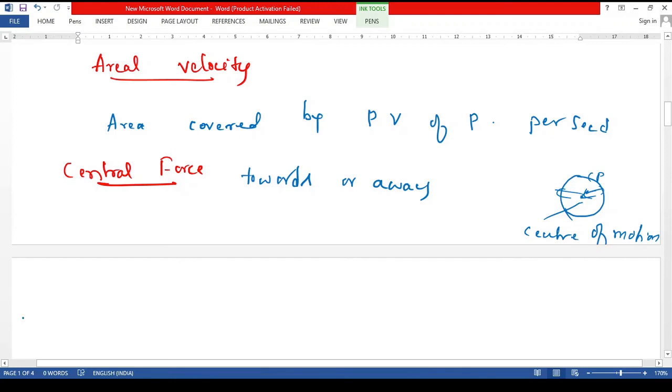The region of central force is called the central force field. Such a type of motion is called central motion.